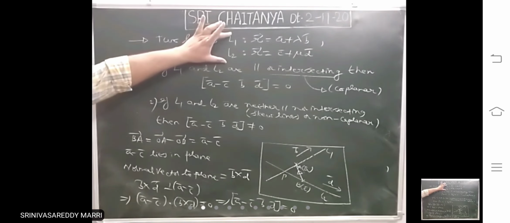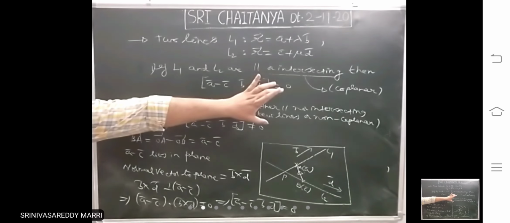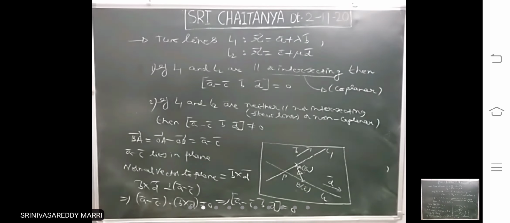This is in vector form, right? In our 3D geometry, lines will be in Cartesian form, x, y, z.